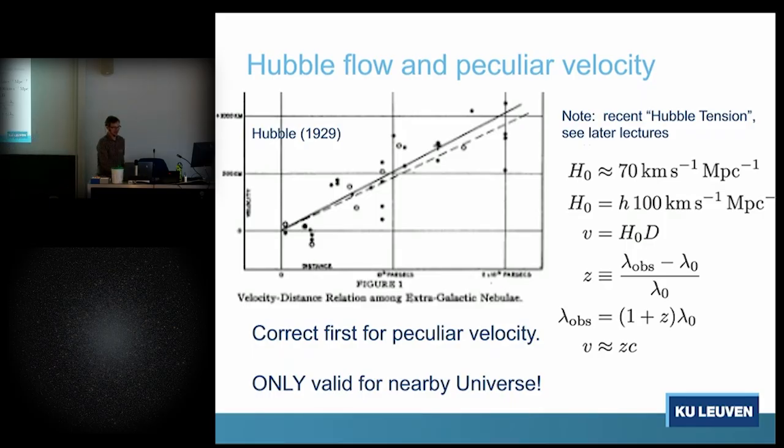Now, this is the normalization constant, the Hubble constant, which is on the order of 70 kilometers per second per megaparsec. But there are uncertainties associated with this, and particularly there is a relatively recent problem, which doesn't seem to go away, called the Hubble tension.